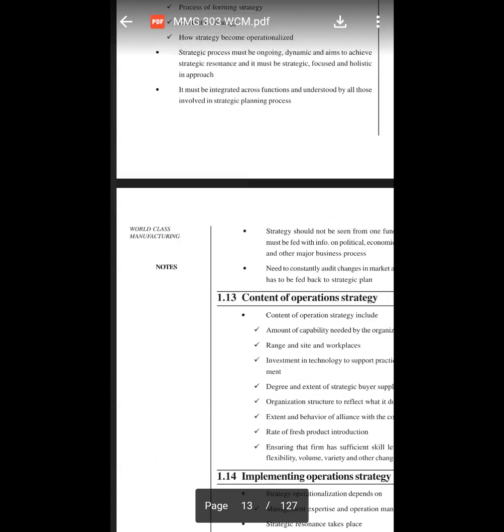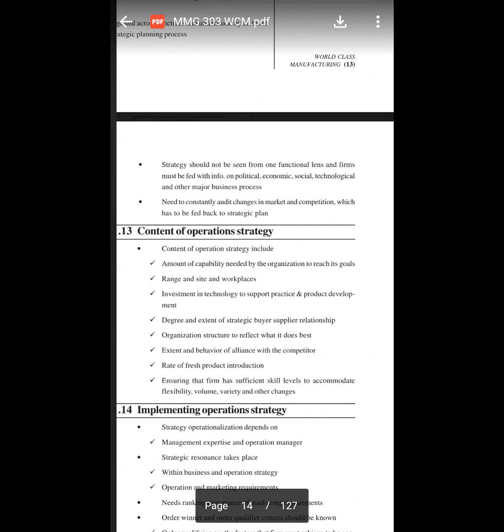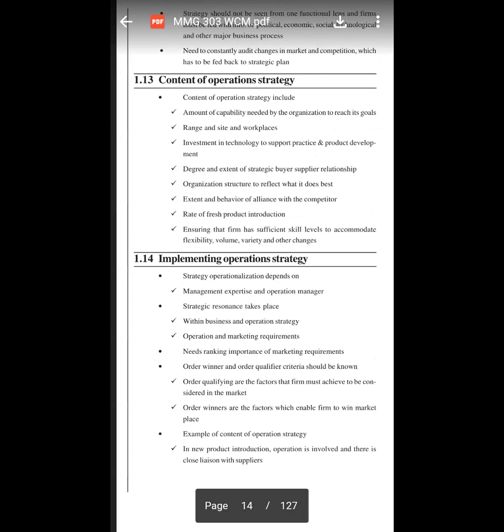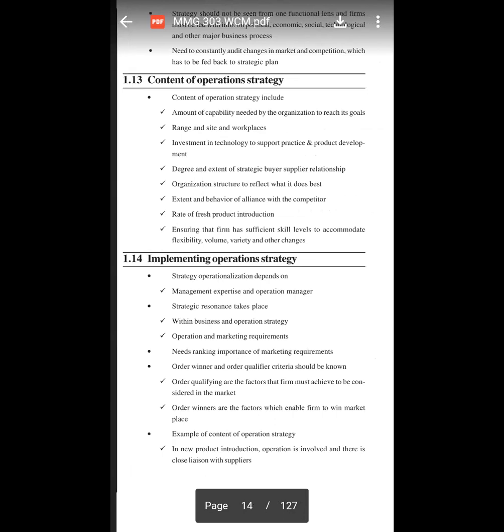So these are all the strategies they have to focus on. Now the content of operational strategy: the amount of capacity needed by the organization to reach its goal, the range and site of workplace, investment in technology to support practice and product development, the degree and extent of strategic buyer-supplier relationships, organization structure to reflect what it does, the conduct and behavior of alliances with competitors, and the rate of fresh product introduction. Okay, so these are the content of operational strategy.